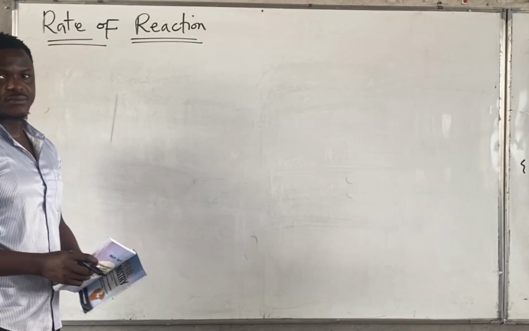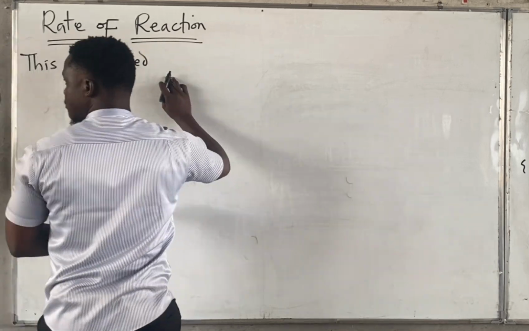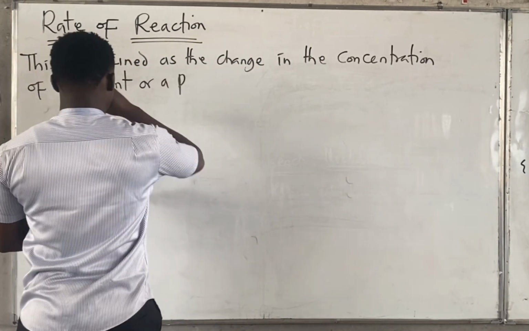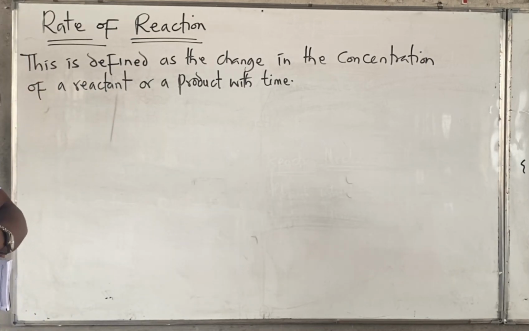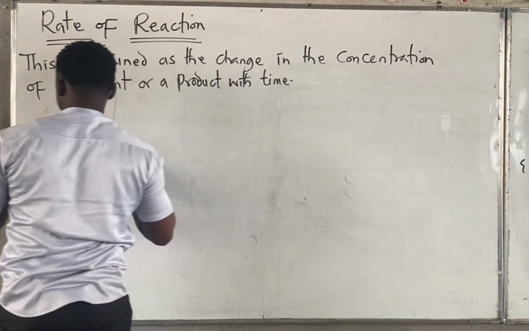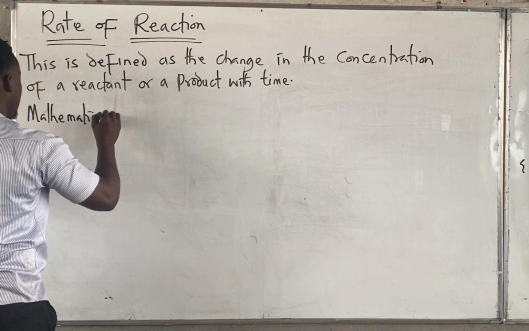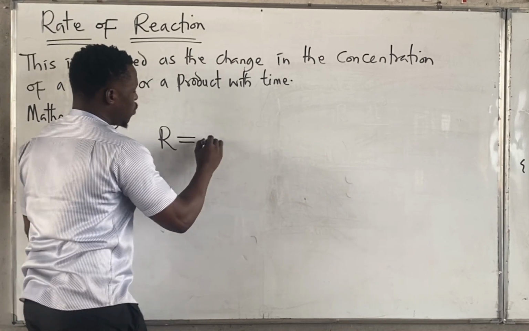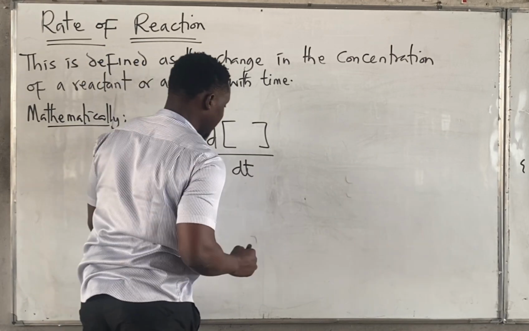Rate of reaction can be defined as the change in the concentration of a reactant or product with time. So I would say mathematically, rate is equal to change in concentration over time.